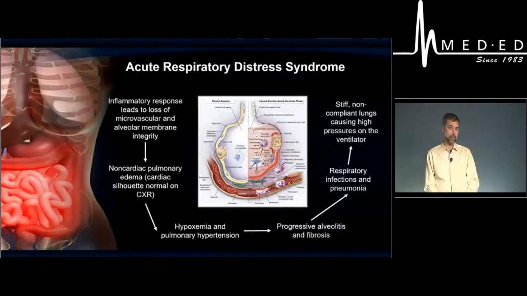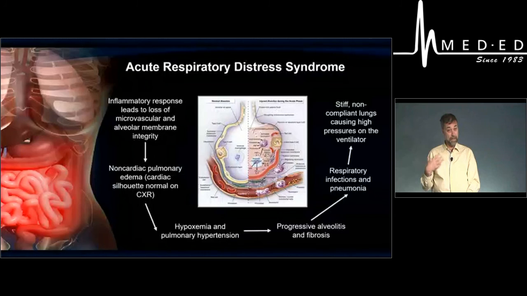Now I want to talk about acute respiratory distress syndrome to bring this section to a close, ARDS or ARDS. Now ARDS is a complication of chest trauma or just trauma period that is really related to the inflammatory response that I talk about in the Special Considerations module.